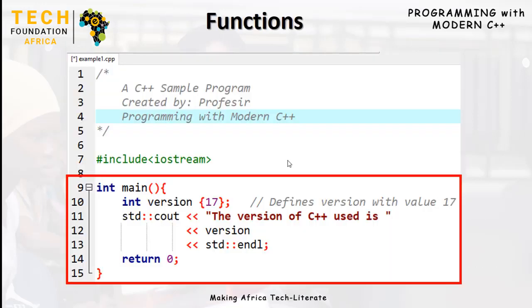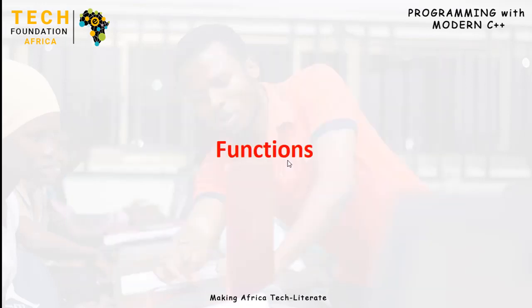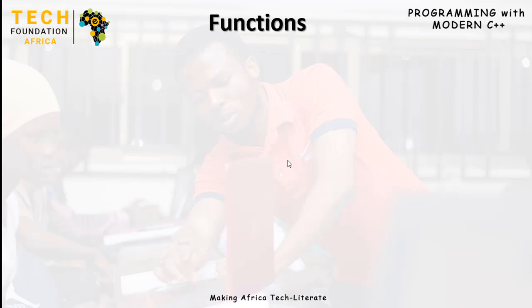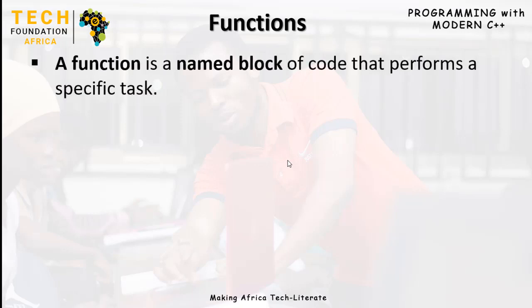The next thing I want to talk about is the function. The highlighted area is called the function. Now, what is a function? Every C++ program consists of at least one or many functions. So let's look at what functions are. To start with, a function is a named block of code that carries out a well-defined operation.